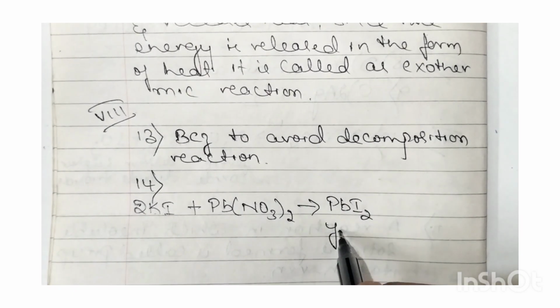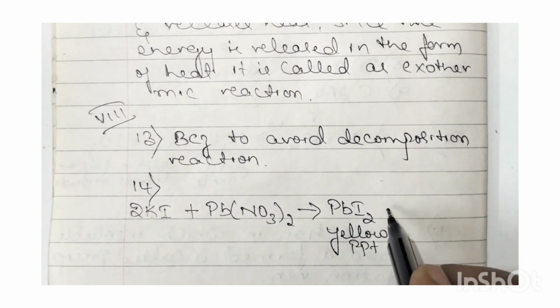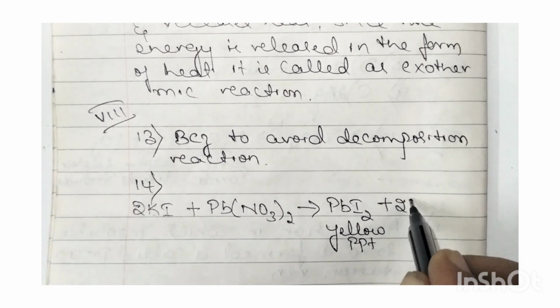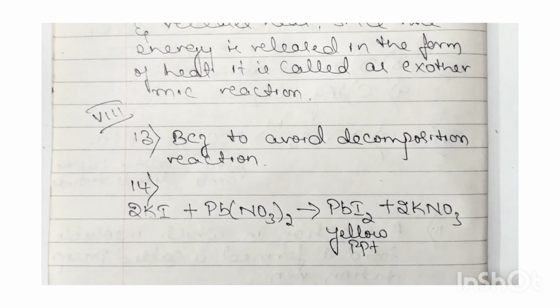This lead iodide is a yellow PPT, plus it forms potassium nitrate. So this is the balanced equation.